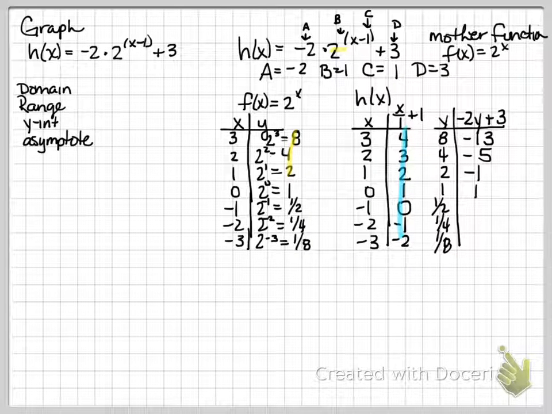Is positive 1. There we go. Negative 2 times 1/2 is negative 1, plus 3 is 2. Negative 2 times 1/4 is negative 1/2, plus 3 is 2.5. 1/8 times negative 2 is negative 1/4, plus 3 is 2 3/4. So there's our new points for our y values.